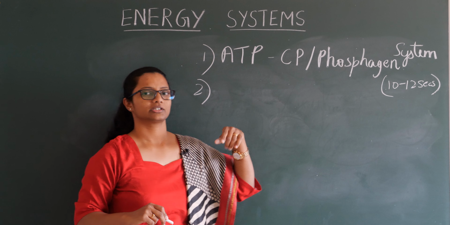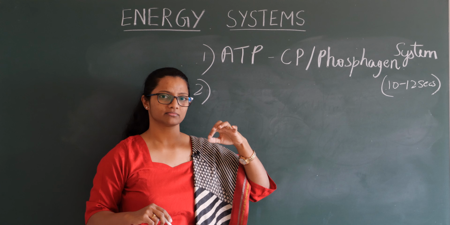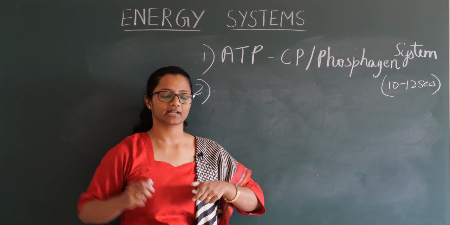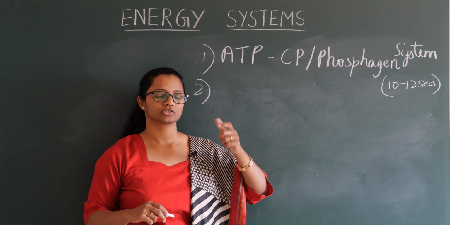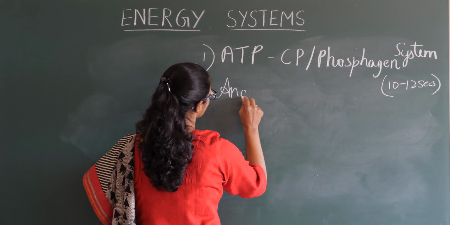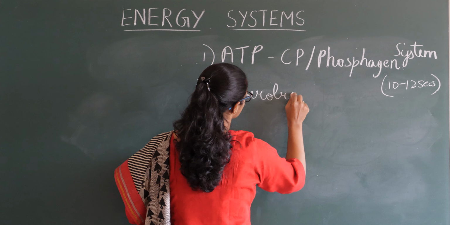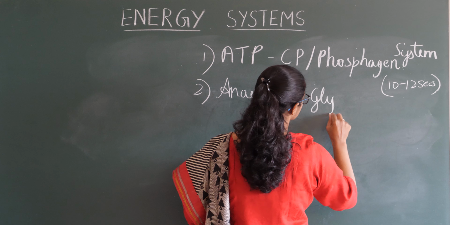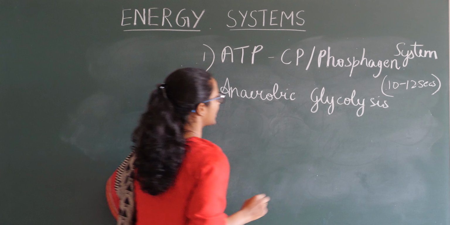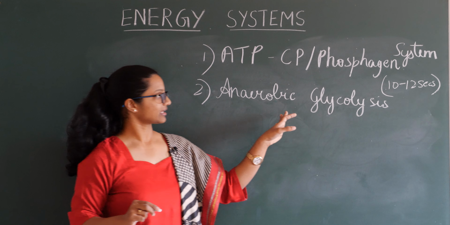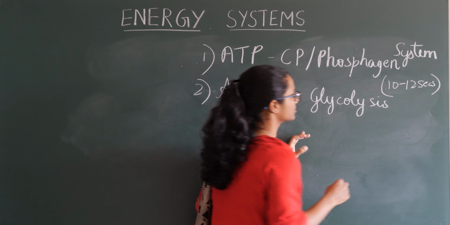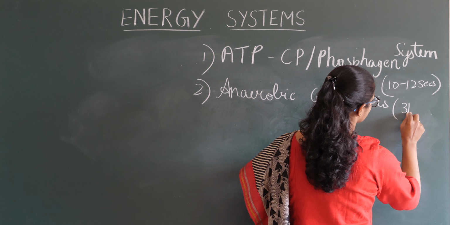Now here the body got a little time and it anticipated that yes, I am going to do my exercises. It got a little time to prepare energy, and here it uses anaerobic glycolysis, and this lasts from the start of the activity to 3 minutes.